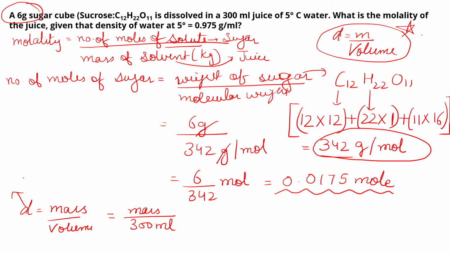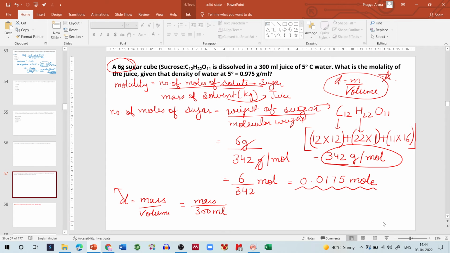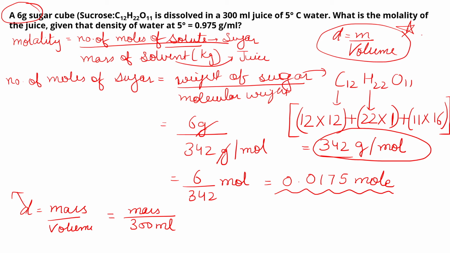They have provided the density at 5 degrees Celsius, which is 0.975 gram per ml.